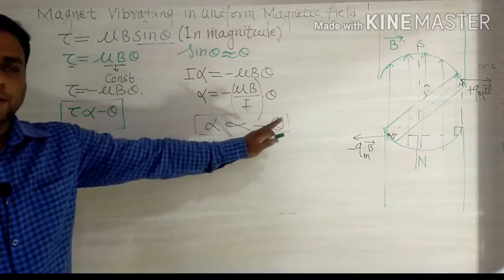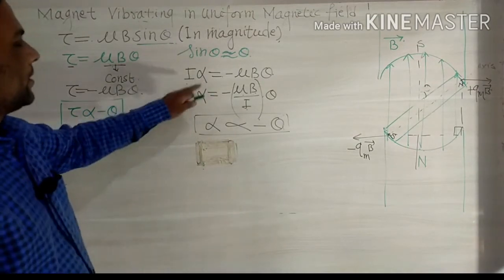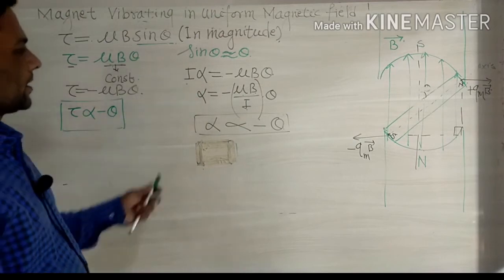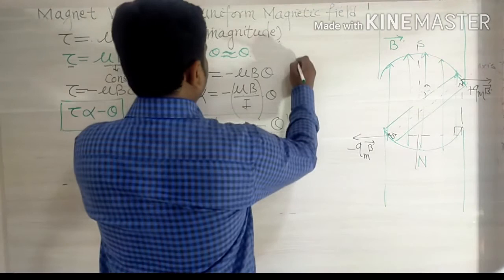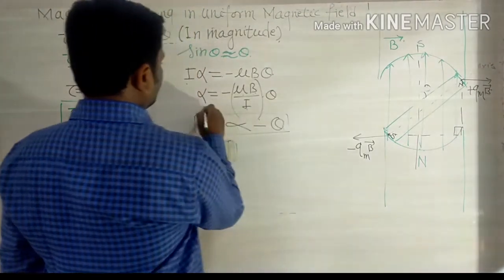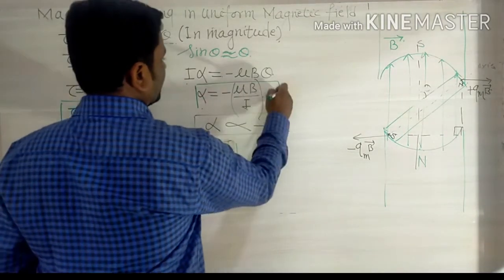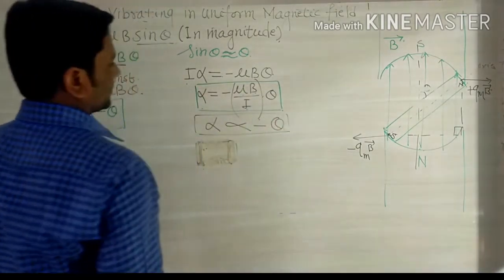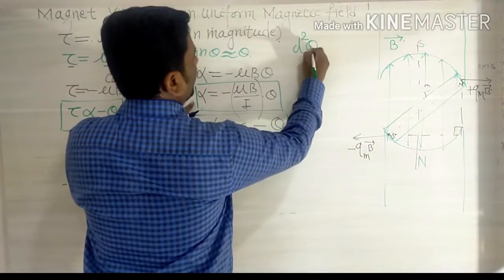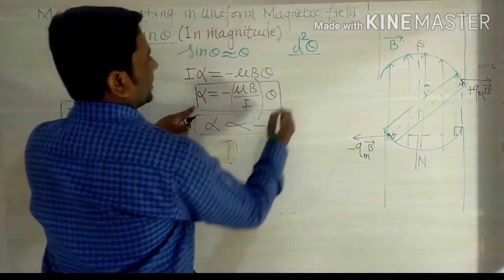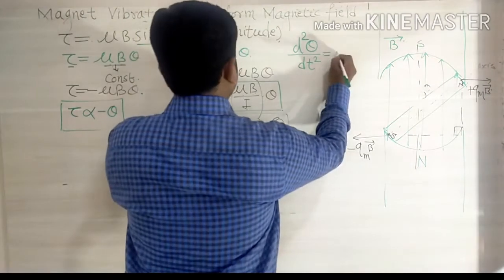angular simple harmonic motion. Now we substitute the values of alpha; angular acceleration is the double derivative of angular displacement. So angular acceleration alpha is the double derivative of angular displacement, d square theta by dt square, is equal to what?